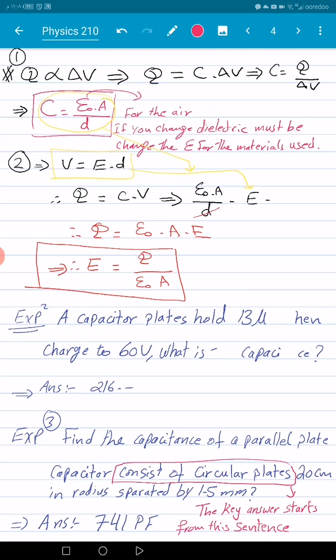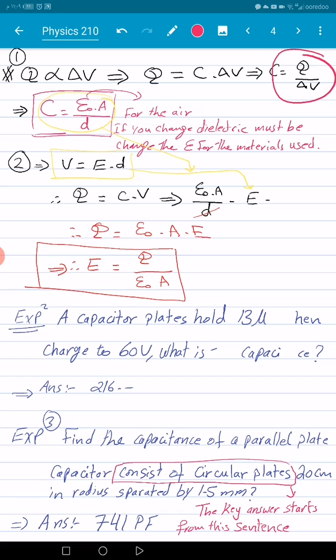Second, we use these two equations, the relation between Q and delta V, it's directly proportional, and we find from it the capacitance.